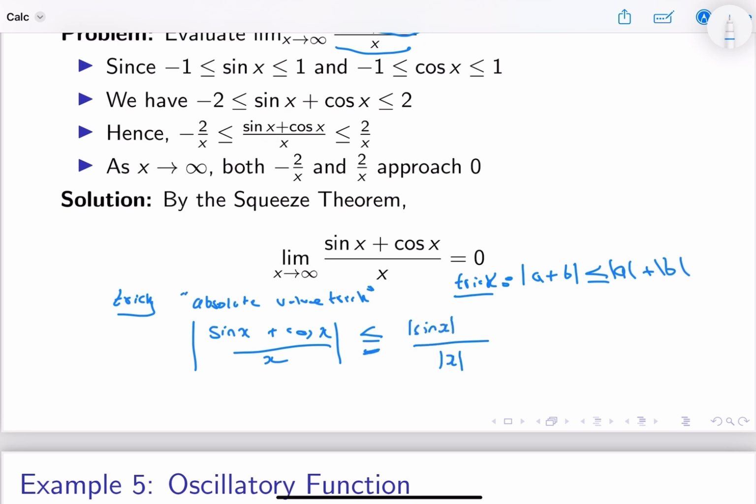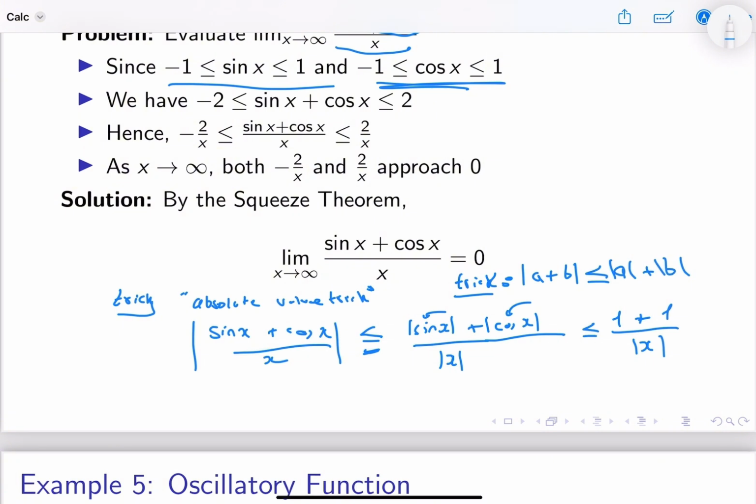Sine x plus cosine x. But wait a second, the biggest this can be is 1, and the biggest this can be is 1, right? Because these functions are bounded between -1 and 1, in absolute value the biggest it can be is 1 for sine and 1 for cosine, and so this is bounded by this thing.